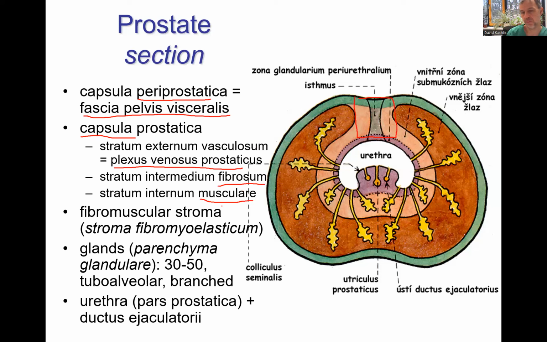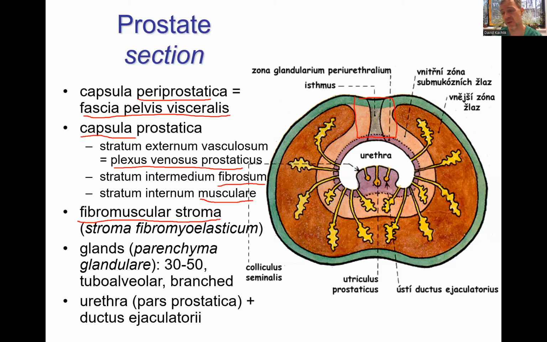Then we come to a specific structure of the prostate. It's called fibromuscular stroma. It's a parenchymatous organ, so it has to contain a stroma, and this stroma does not form any septa. It forms a really scattered, irregular structure, and it's composed of connective tissues and smooth muscle cells, which is very specific.